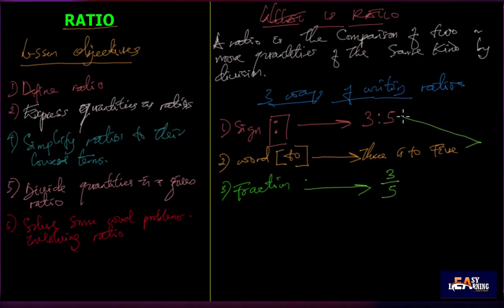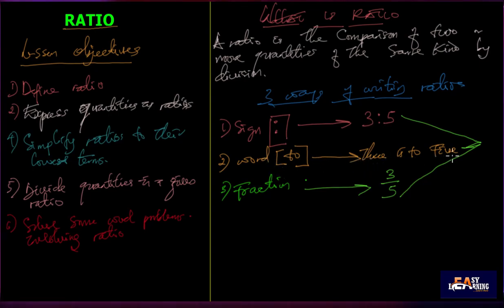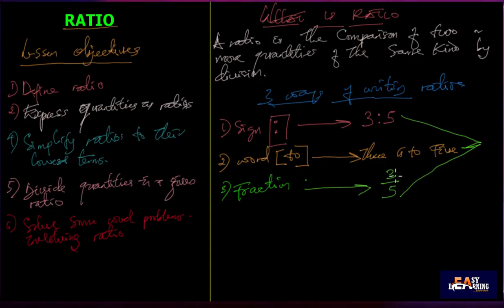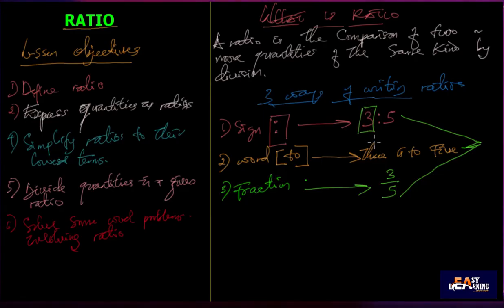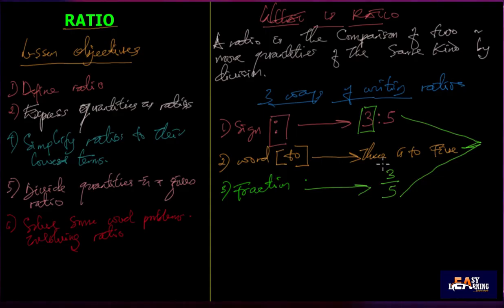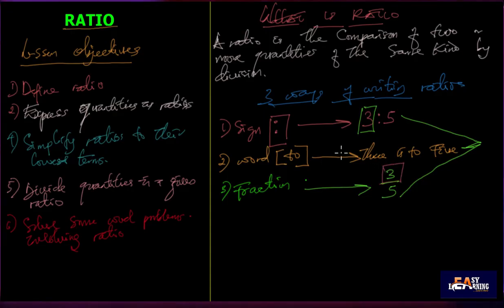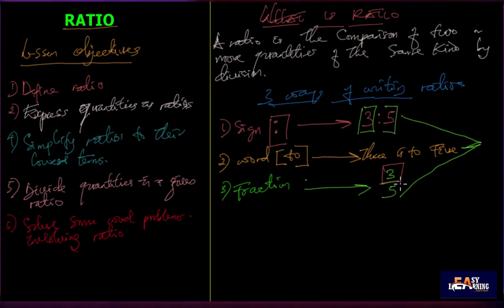These three ways are the same thing. All of them mean the same thing. You can write it 3 is to 5. It can be spelled out in words like 3 is to 5. It can be written in fraction form, 3 all over 5. Now the first number in a ratio is always the numerator, and the last number, in this case this 5 here, will always become the denominator.